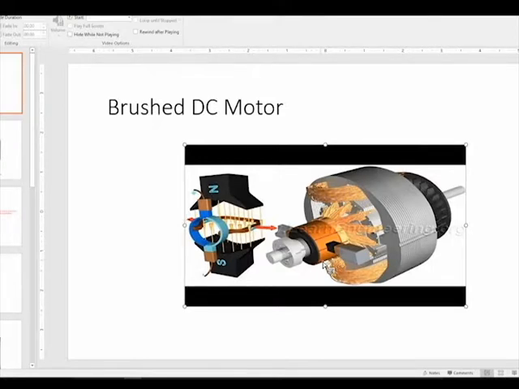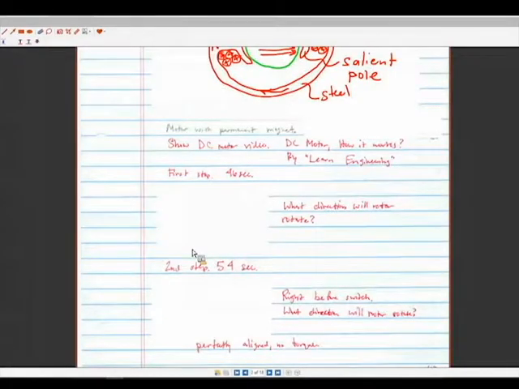Okay, so I'm going to pause right there, and then we're going to draw some notes on what's going on right here. If we were to map what's going on in the video to this discussion, we would see the following system right here. We have a stator with a north pole and a south pole.